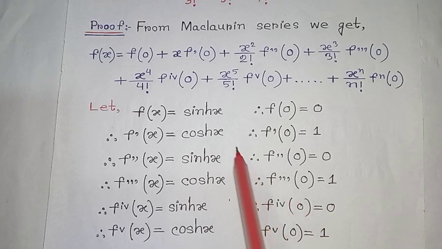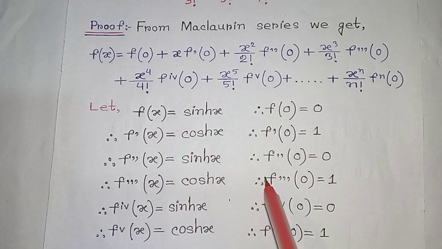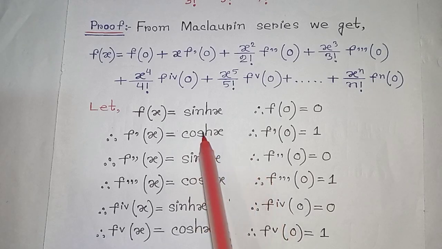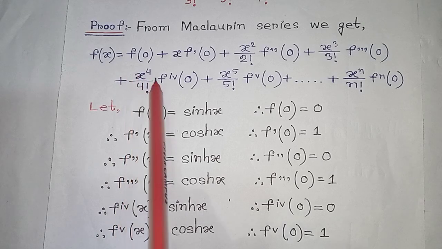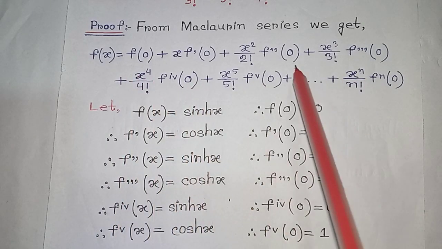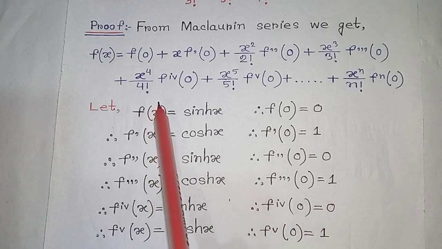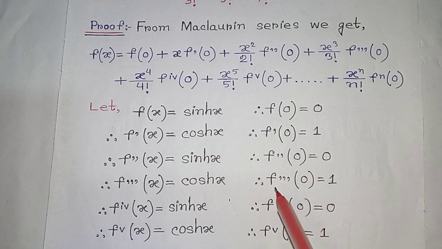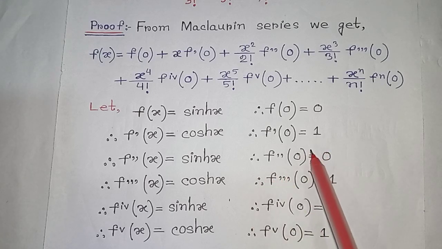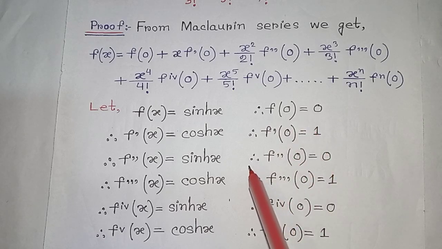So we can understand that f of 0, f double dash 0 and f iv 0 get eliminated because the values of these functions are 0. And the values of the other functions are 1.